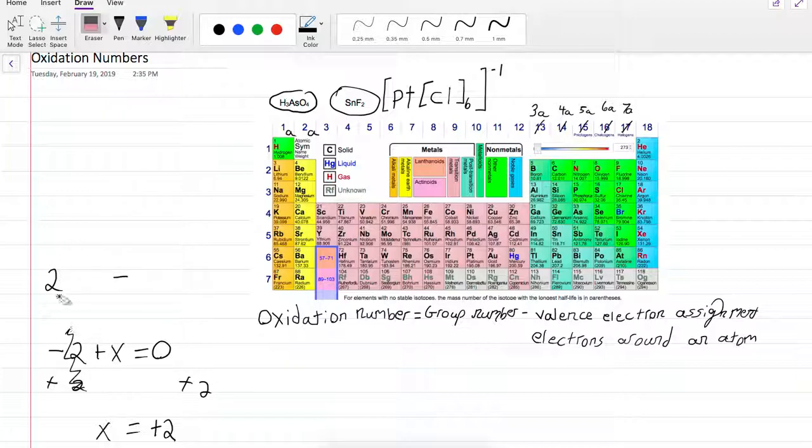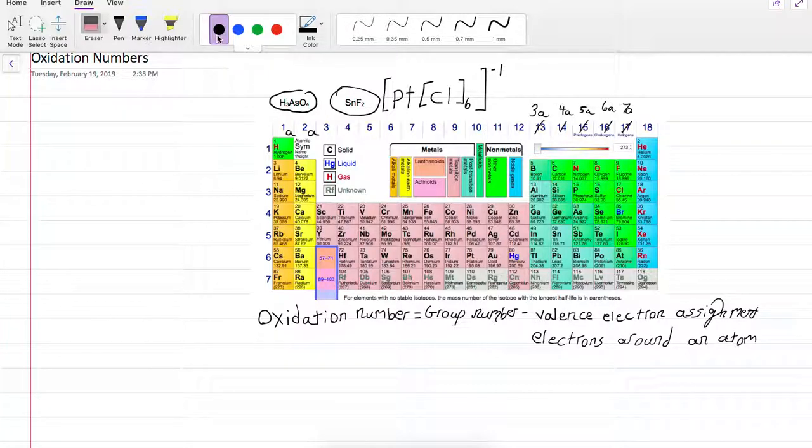Now, again, I encourage you to pause the video and try the next one on your own. Here, we do not know the group number for platinum. That's not something that we know since it's in the transition metals. So we're going to have to figure it out the algebra way.